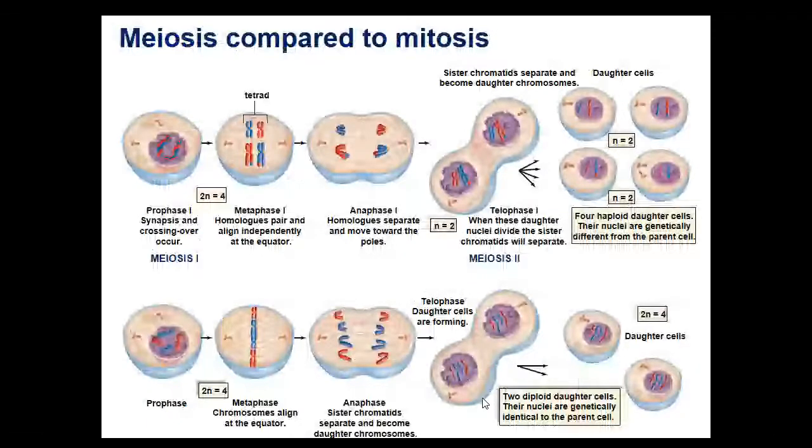Okay. So here's a comparison of meiosis. So this is meiosis 1 division, and then this is meiosis 2 division, and this is mitosis down here.